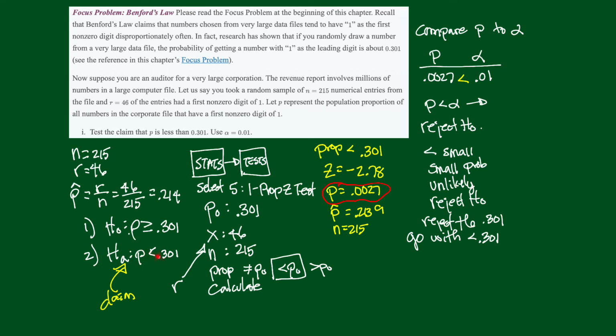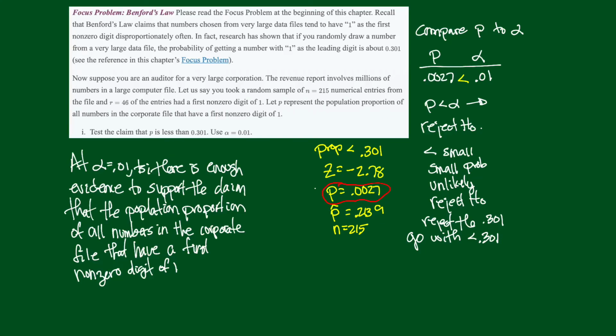So let's write up a conclusion to match that. There's a lot to write here because the question is so long. So I'm going to answer it in terms of this question here. I'm going to say, at alpha equals 0.01, this sample indicates there is enough evidence to support the claim. Now I'm just writing the words right in the question.